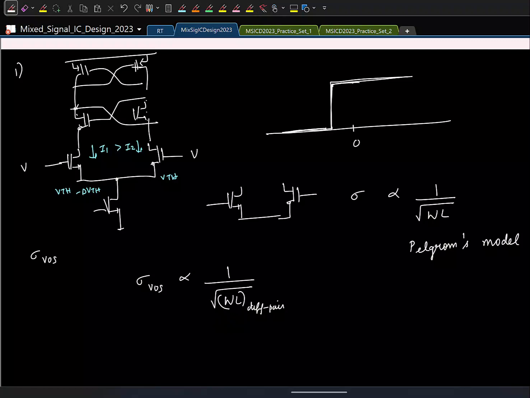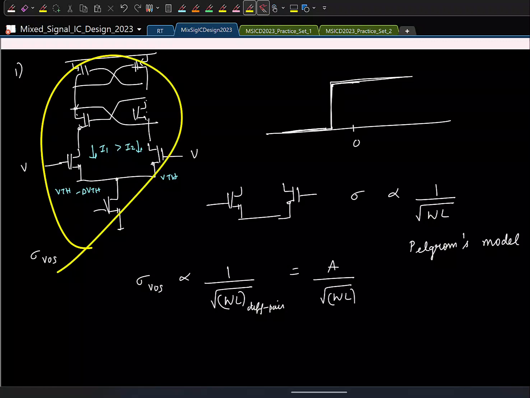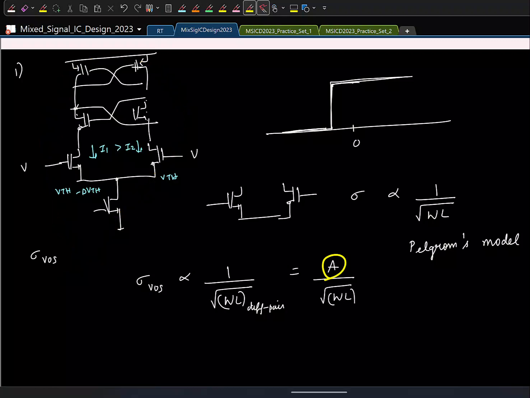And in practice, this proportionality constant, which I can write as some A by root of WL, is not known to you directly. So you'll have to do one experiment or one simulation and find out what this is. You can take a simple differential pair, or let us say you make a comparator like this, and run simulations to find out roughly what this proportionality factor is. And for running this, you have to include the mismatch in the devices.